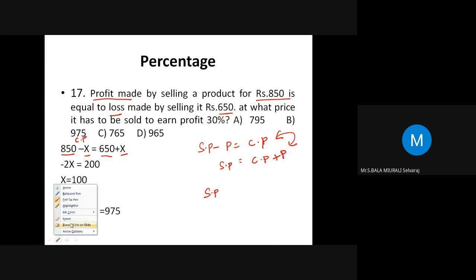See, anything sold below the cost price, that is called loss. You manufacture a product for 100 rupees and you are selling for less than 100 rupees, that becomes loss. See here, loss means cost price minus loss becomes selling price. Yes or no? You get this, right?